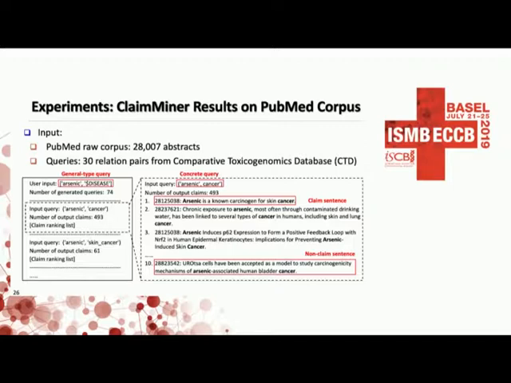You get a dollar disease. You match any kind of disease as long as it's of the disease type. The second one is you can match a concrete query. For example, you can say arsenic, then cancer, or skin cancer. Then you will match only claims containing cancer or skin cancer. Otherwise, you match any kind of disease.